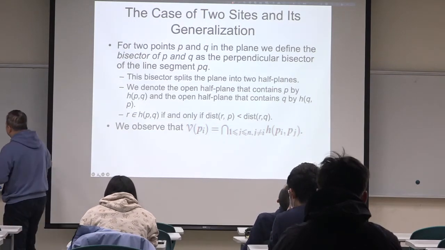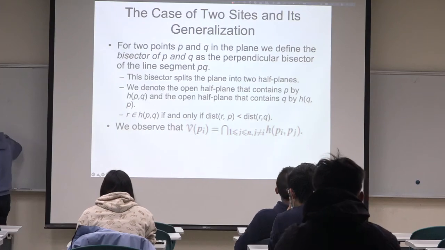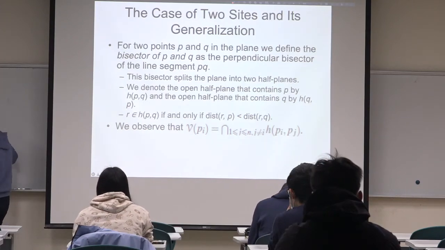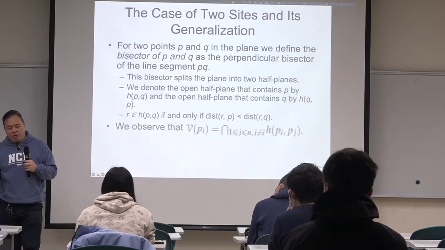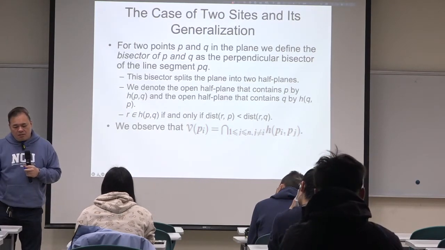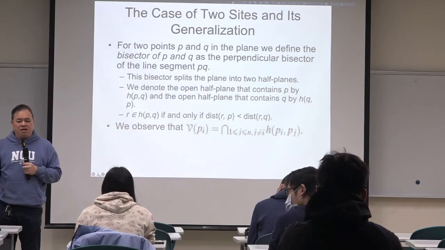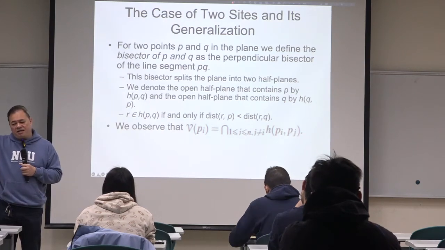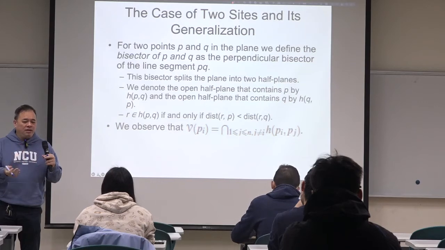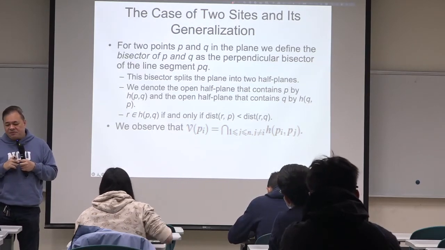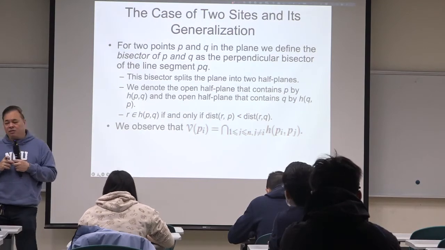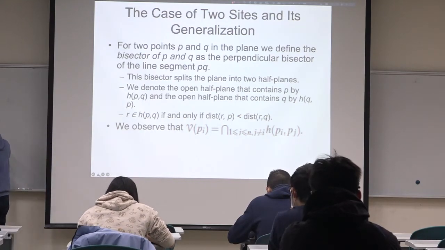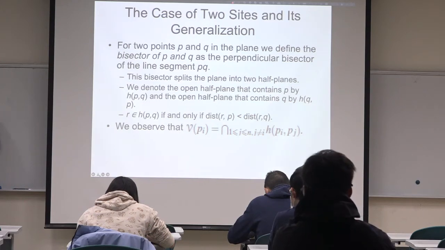If you want to use P1, P2 to break this surface such that all the points in one cell will be closer to, for example, P1, and the points in another cell will be closer to P2, one simple geometry property tells you that you are looking for the bisector of this P1, P2 line segment.